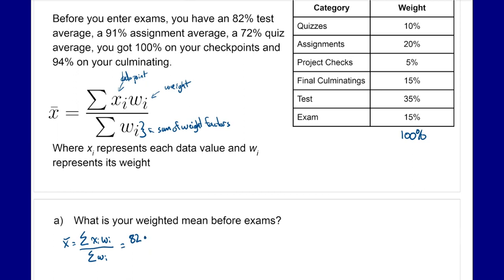82 times 35. Here you don't have to worry about turning things to decimals. So 82 times 35 plus the next one.